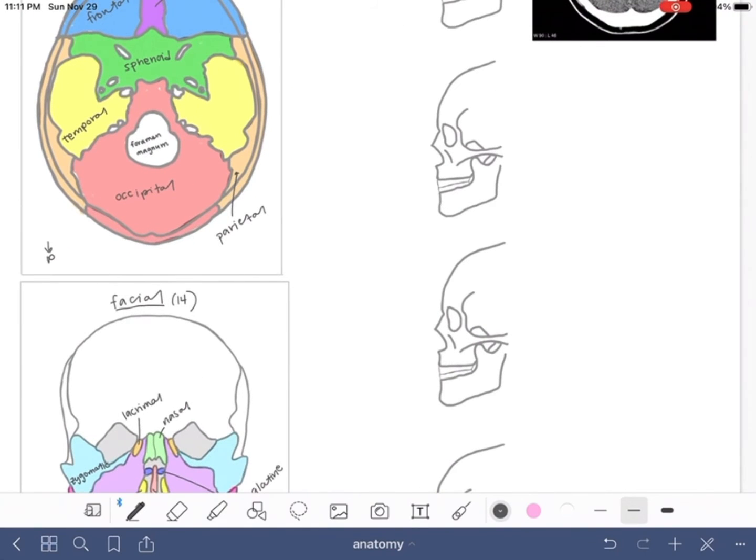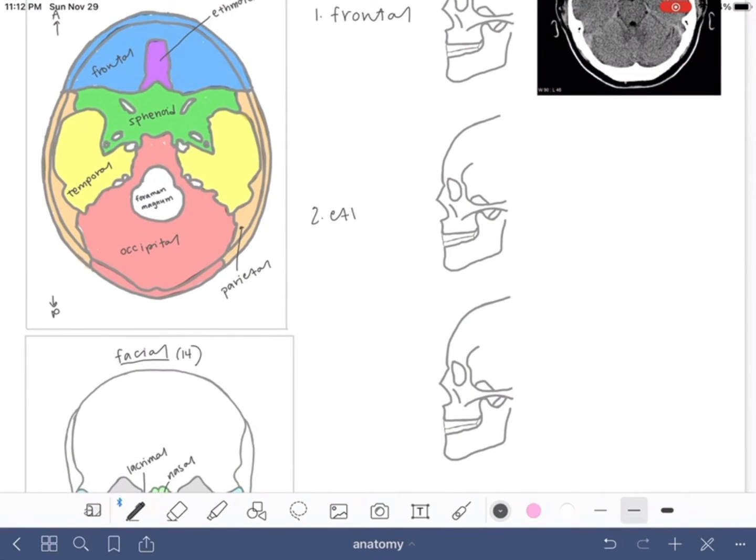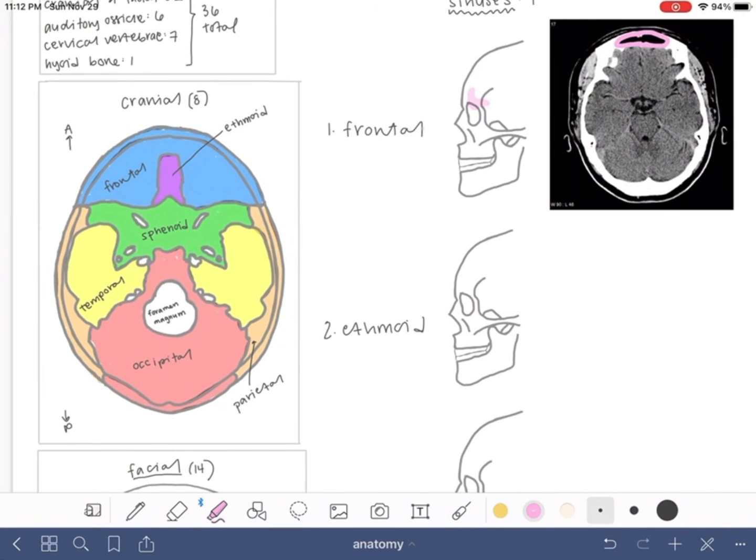Alright, so after that we're going to have the ethmoid sinus, or sinuses, again in that ethmoid bone. On the side you can see it in purple.